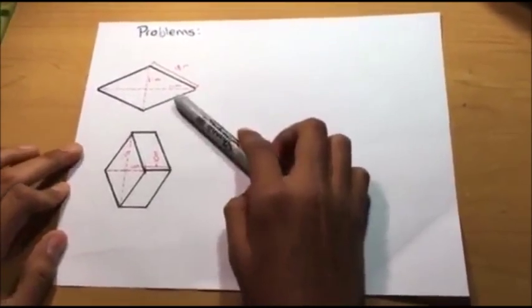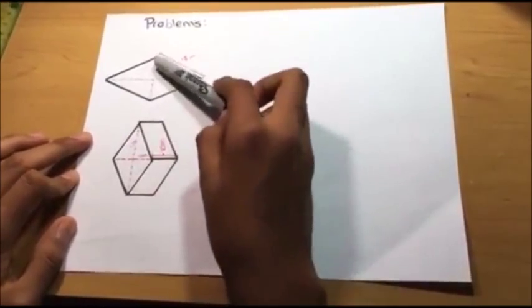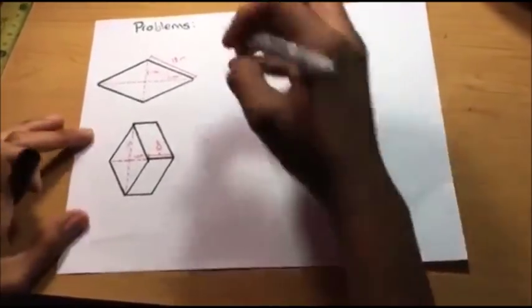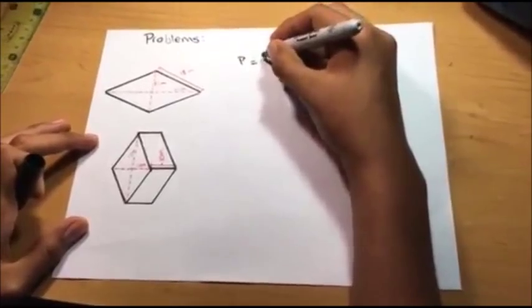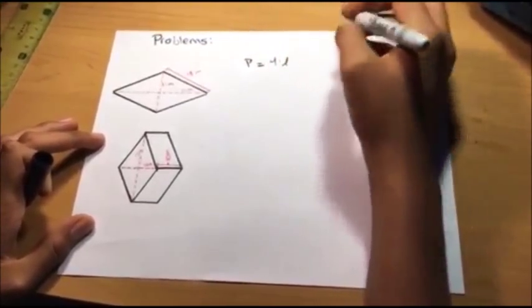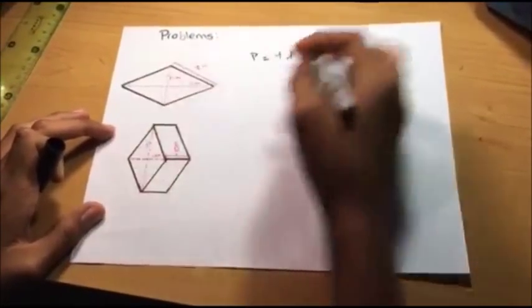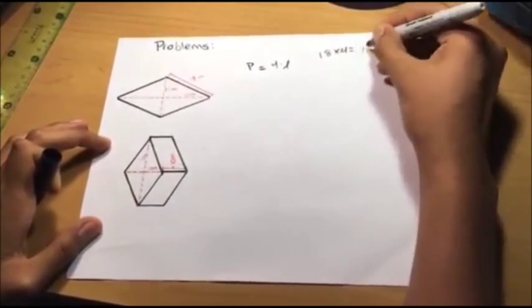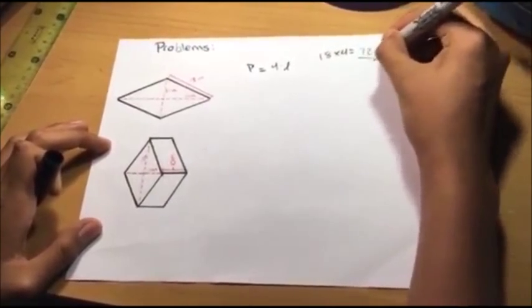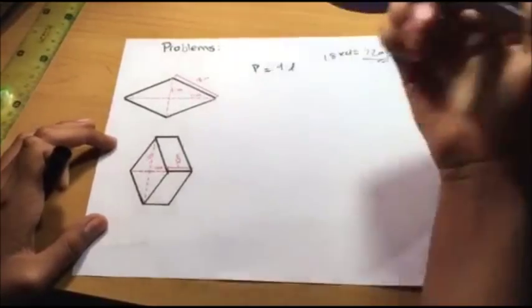Here, we're going to apply the perimeter formula, that is P equals 4 by side, because there are 4 equal sides. So 18 by 4 is 72, and 72 meters is our perimeter.